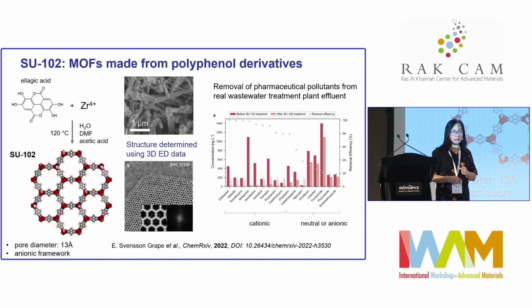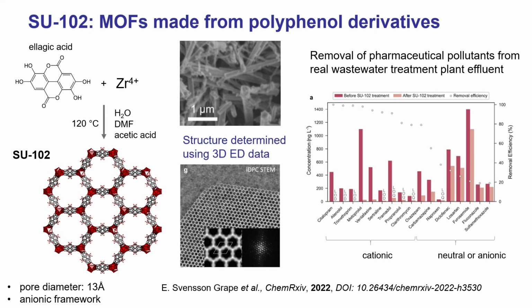Another one, SU-102, is when you use zirconium and get another new MOF structure with ellagic acid, a very beautiful structure. The structure was again solved by electron microscopy. You see the crystals are very, very small, and there is a very high resolution image showing it has a very large hexagonal porous structure.